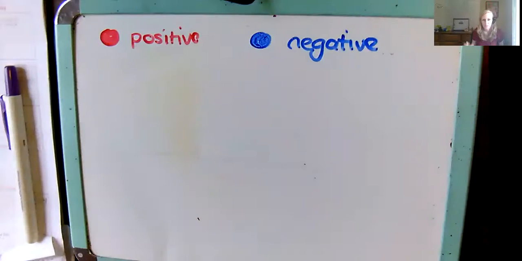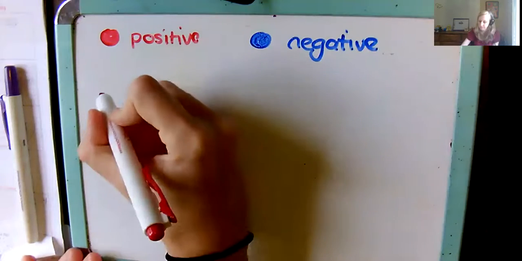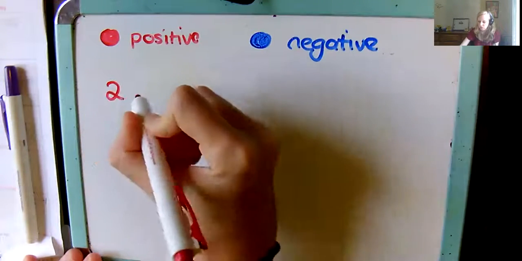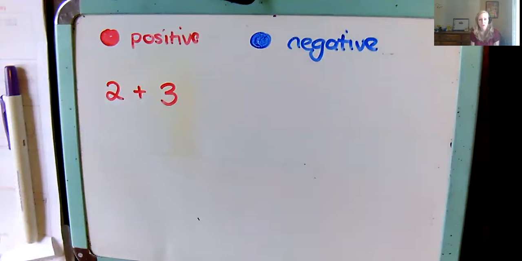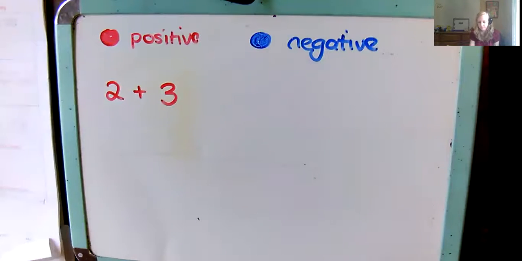Recall that we learned how to add integers that had the same sign using a visual approach. Let's practice that again as we are recalling what we've learned. If you have 2 plus 3, ask yourself, what operation am I doing? This is addition.